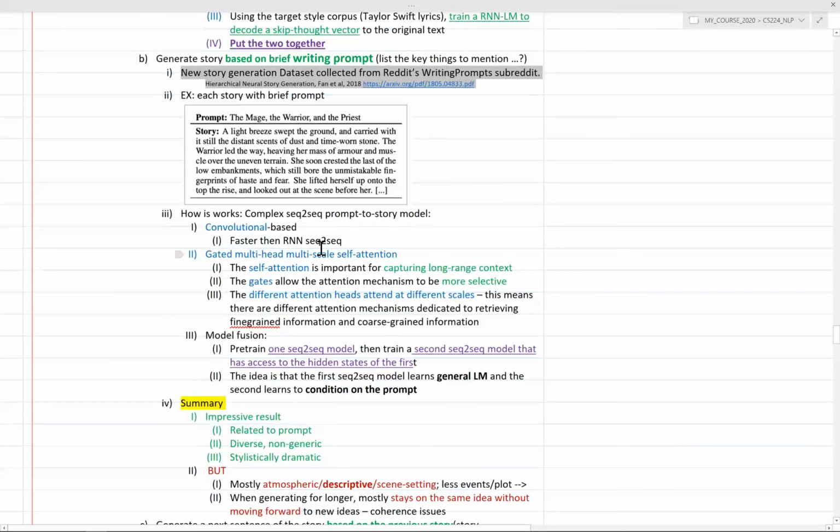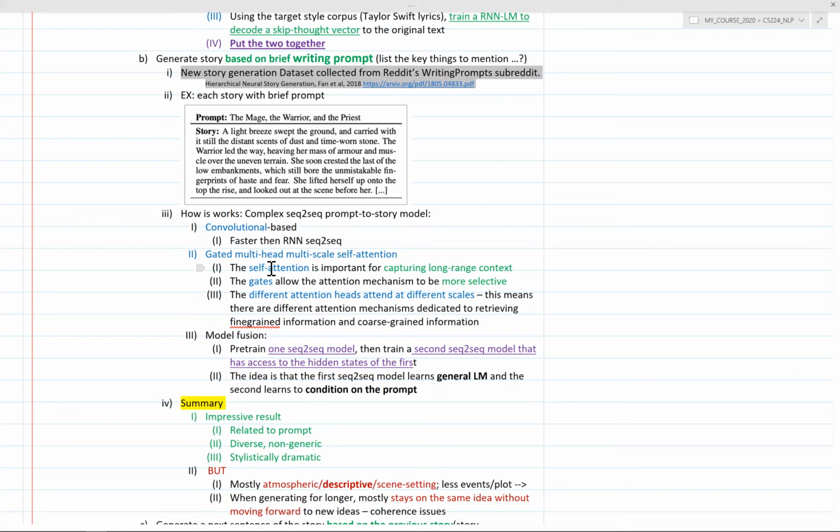The good point is that it is faster than the RNN seq2seq, and it uses gated multi-head, multi-scale self-attention to capture long-range context, as we discussed in the last lecture.